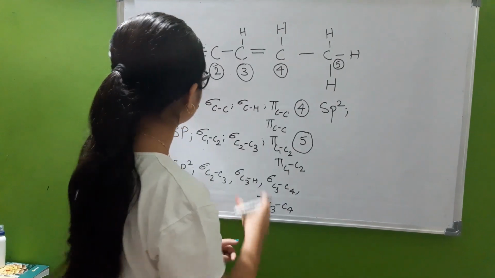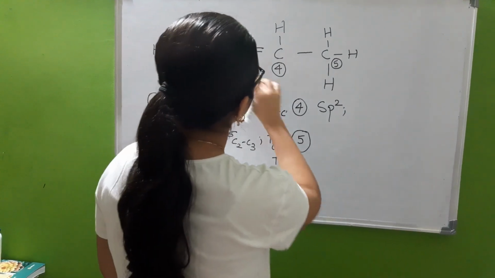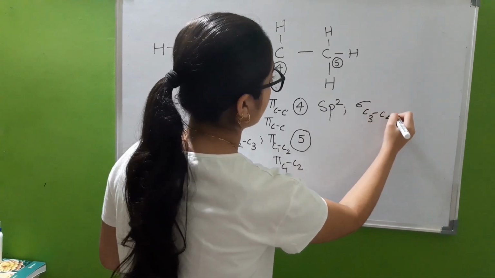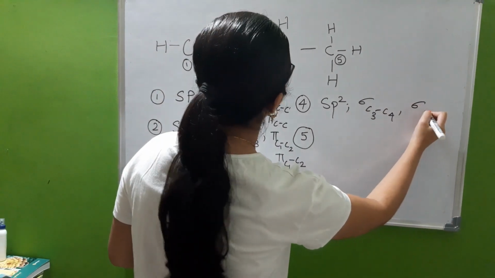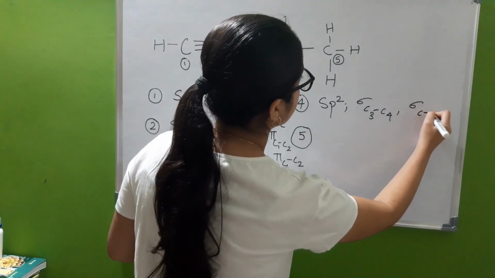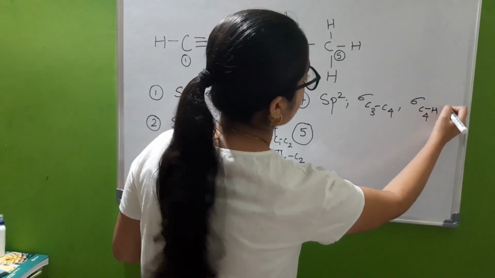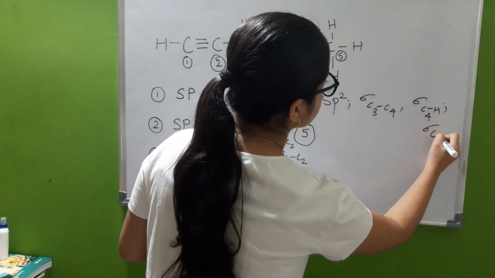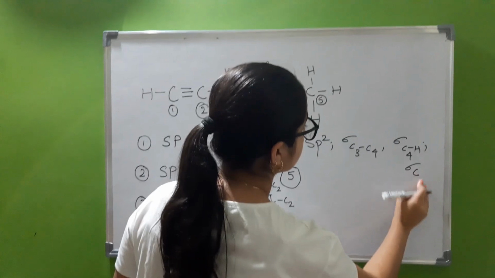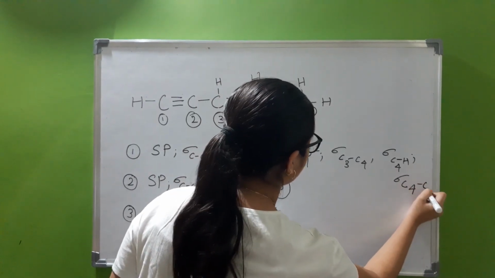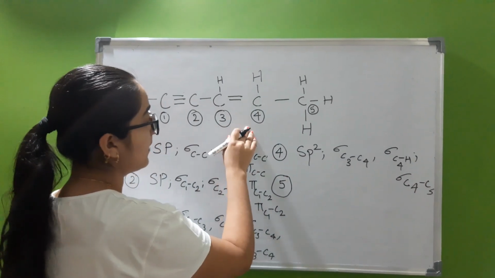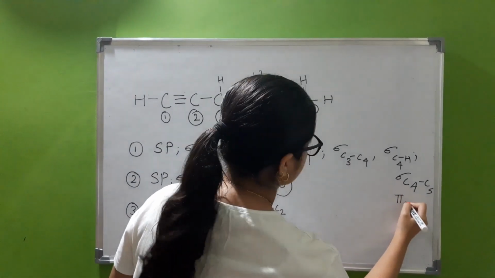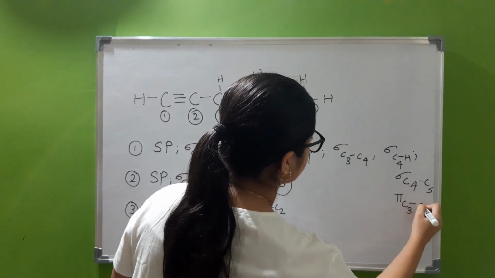Looking at its sigma and pi bonds, there is a sigma bond formed between C3 and C4, a sigma bond formed between the carbon atom and the hydrogen, and a sigma bond formed between the C5 carbon atom and the C4 carbon atom. The only pi bond present here is pi C3 C4.